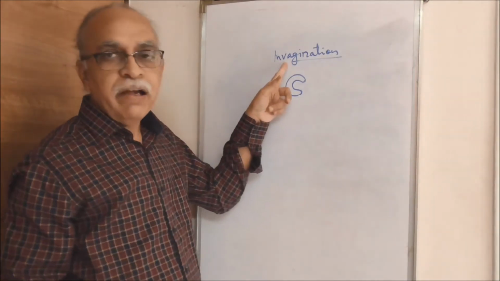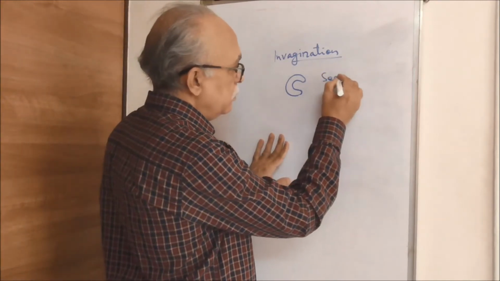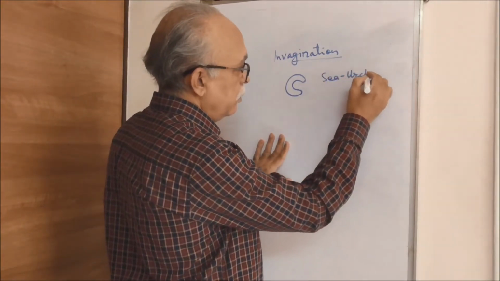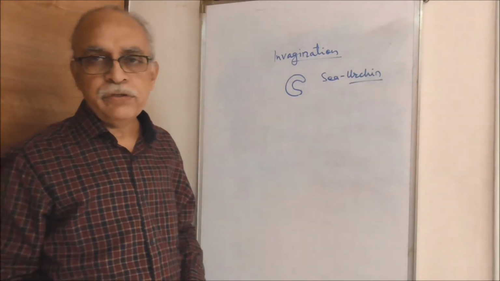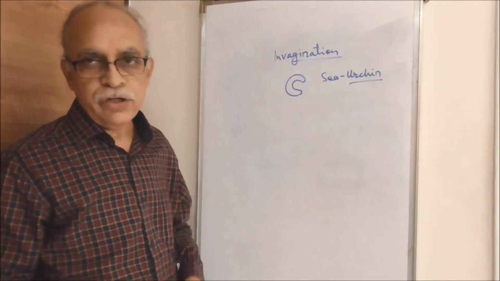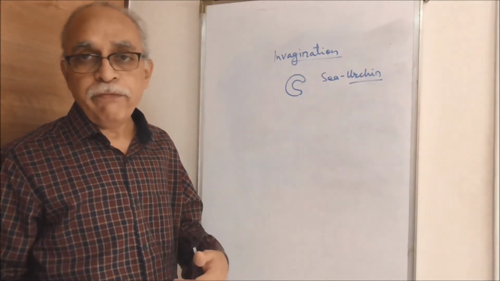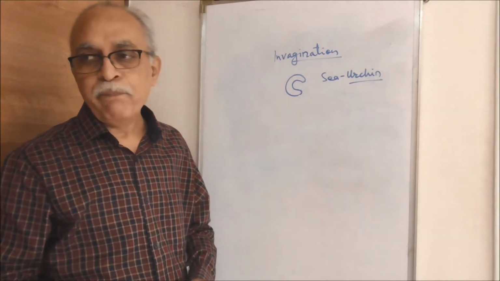That is the invagination process, found commonly in sea urchin. Even Amphioxus might show a similar process. Invagination would be the method of modification of cells so as to give rise to gastrula.